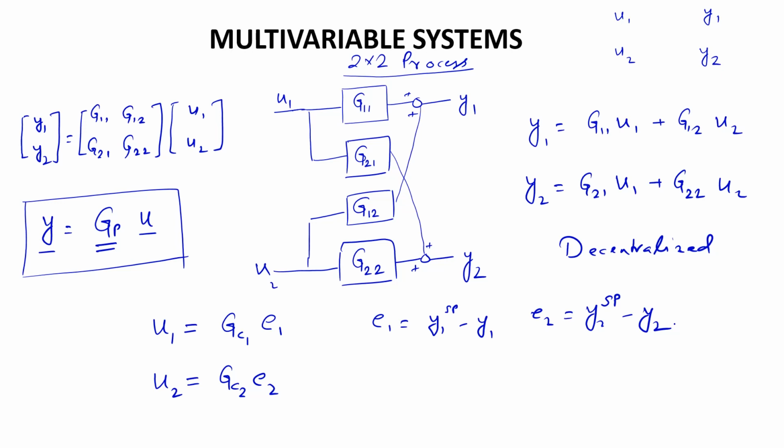In other words, in matrix notation you can write u1 u2 is equal to gc1 gc2, where cross diagonal terms are 0, times e1 e2.